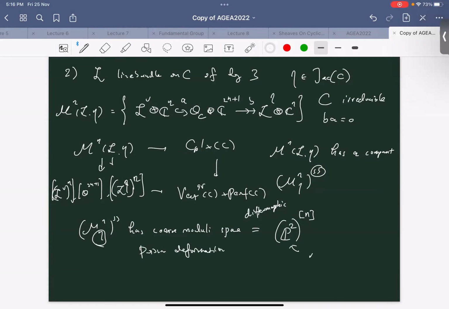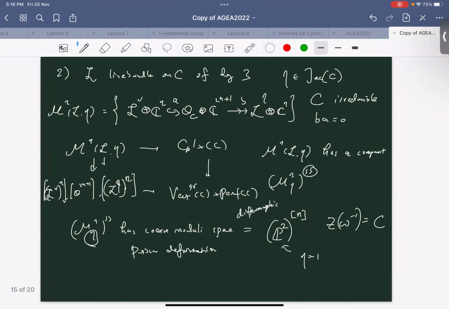When eta equals 1, this is exactly the Poisson structure and the complex structure on the usual Hilbert scheme of n points, given by the vanishing locus of omega inverse, equal to C. That's the Poisson structure I put there. So this is already new. Before, we didn't know this space. In this way, we construct a Poisson deformation of this moduli space, the Hilbert scheme of points.